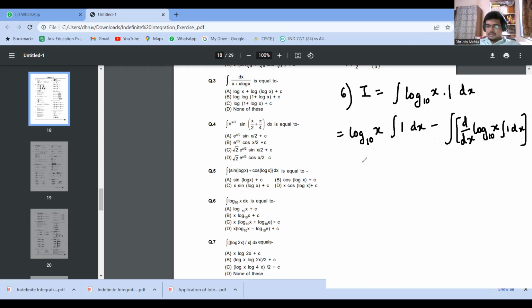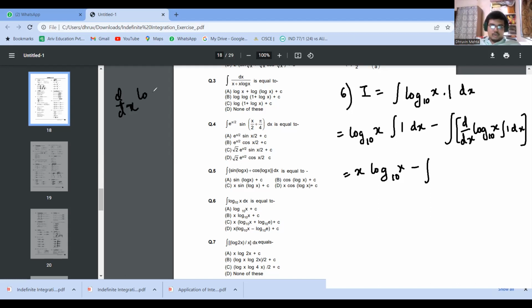So what will be the answer? Integration of 1 will be x, so this will be x log of x to the base 10 minus. Now this is the main trick part. What is the derivative of log x to the base 10? Derivative of log x to the base e is 1 by x.